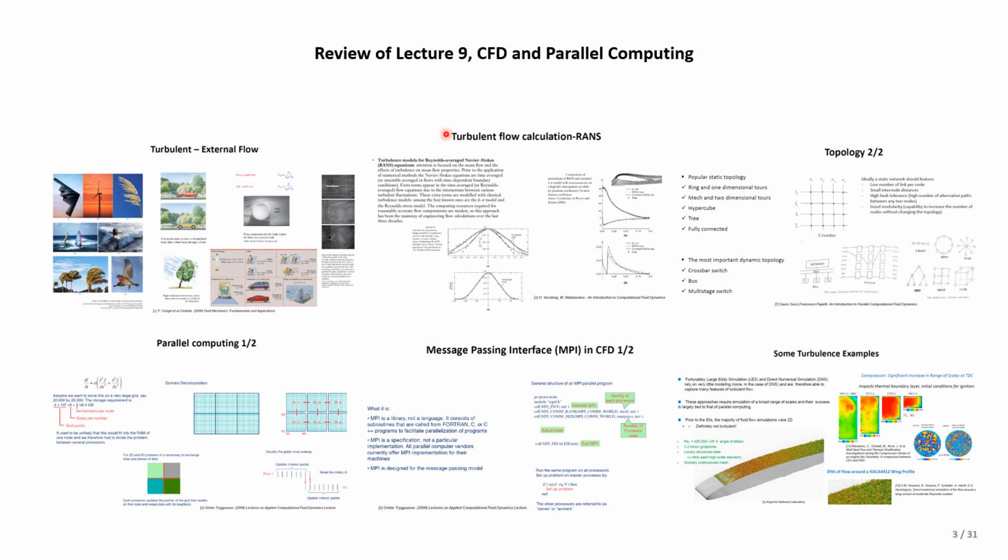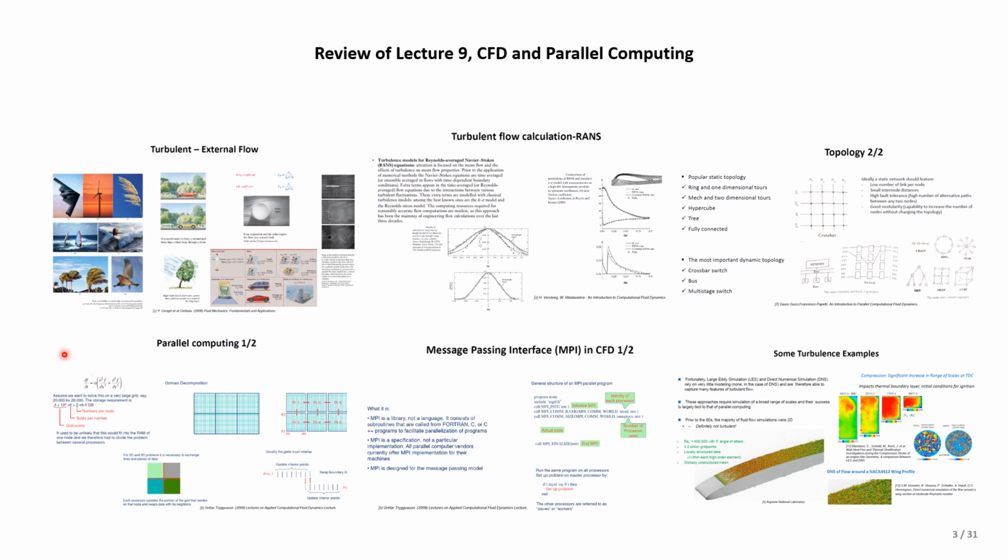Then we had a review on topology, where we have static and dynamic networks. We presented some of these networks, their advantages and disadvantages, and how we can use them in the CFD domain.